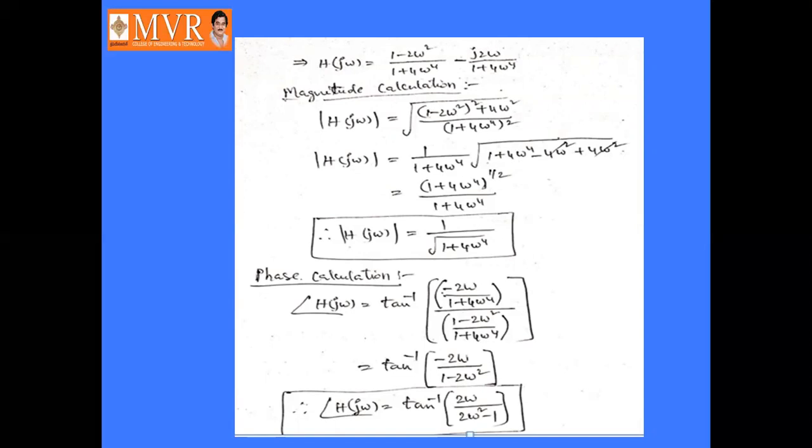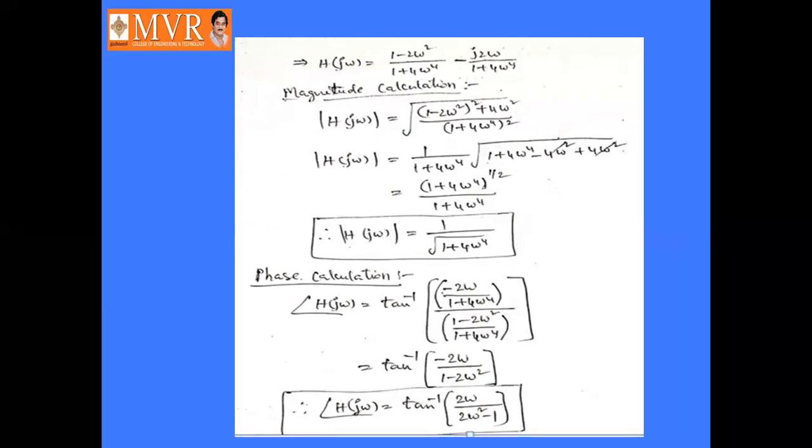Okay, now we will calculate the magnitude calculation and phase angle calculation. Magnitude can be calculated by taking mod h of j omega. Mod h of j omega is equal to square root of 1 minus 2 omega square whole square plus 4 omega square by 1 plus 4 omega to the power 4 whole square.